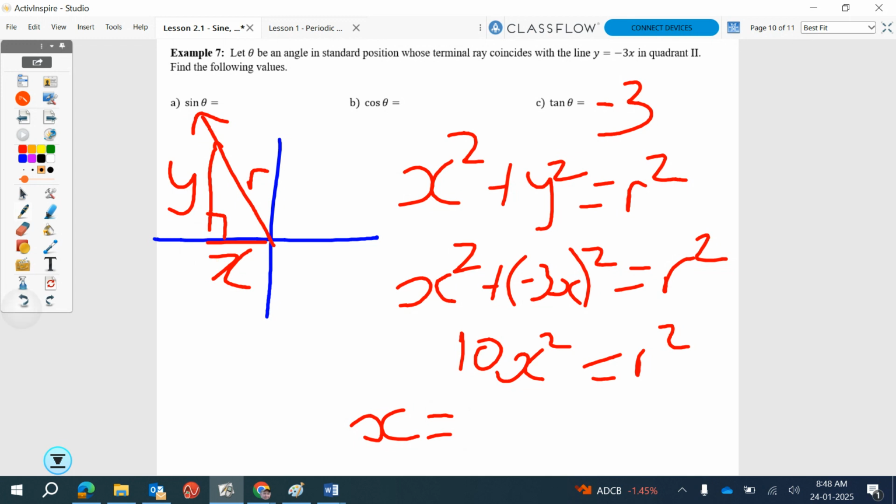You'll get x equals r squared over 10 all square rooted, plus minus. Because it's going in the negative direction, we ignore the positive one and only take the negative one, which gives us minus r over root 10.